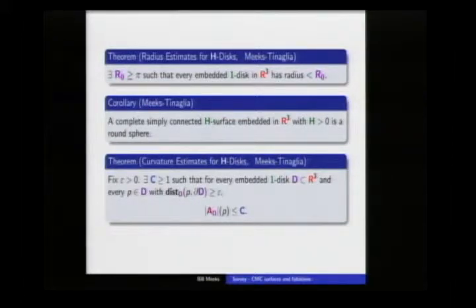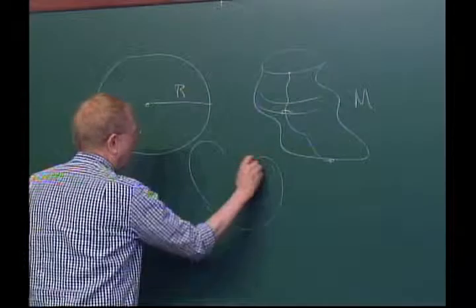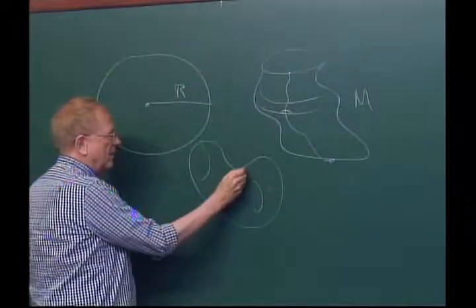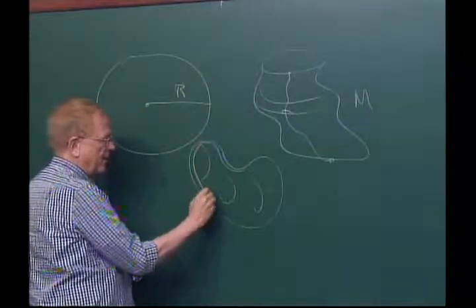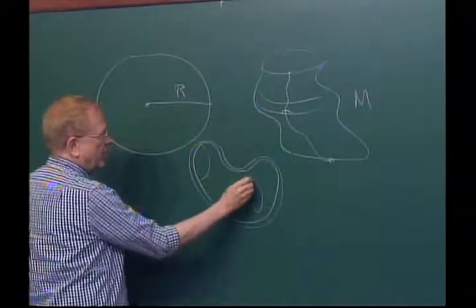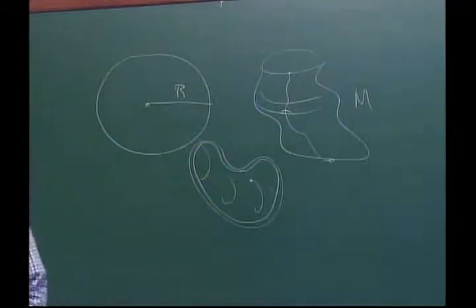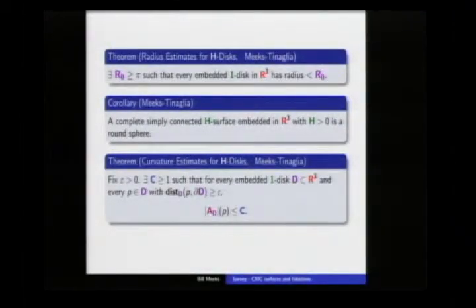Given an epsilon bigger than 0, there's a constant such that whenever you look at a one disk in space, and you look at points which are intrinsically at least epsilon from the boundary, outside of an epsilon neighborhood of the boundary, then I have a uniform curvature estimate for the norm of the second fundamental form.